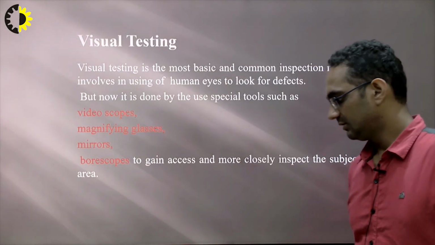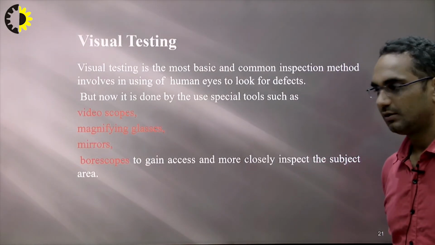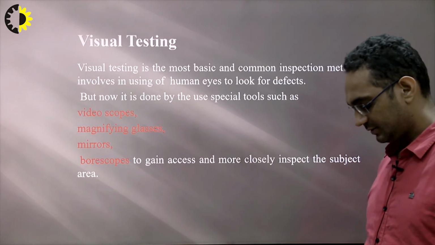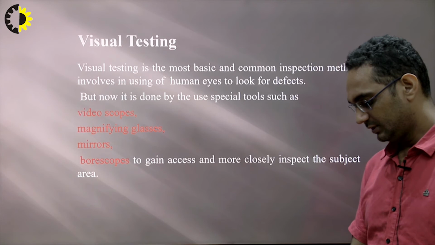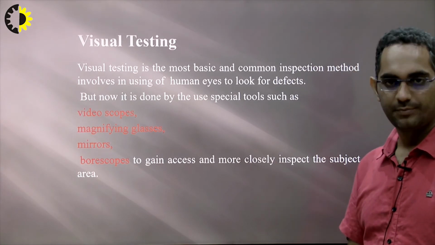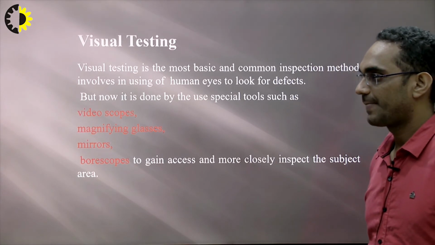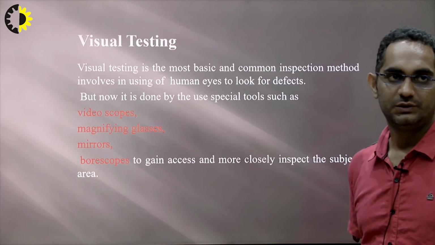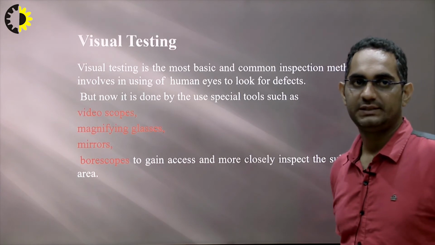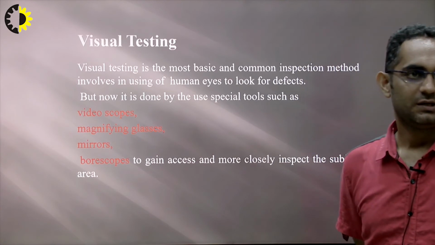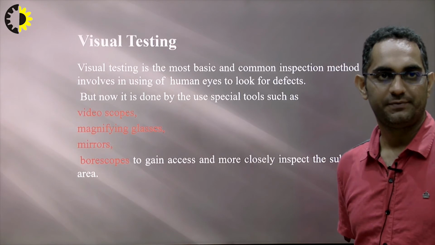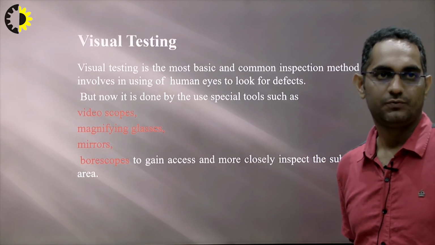Next is the most common part of NDT, that is visual testing. Visual testing is the most basic and common inspection method, involving the use of human eyes to look for defects.